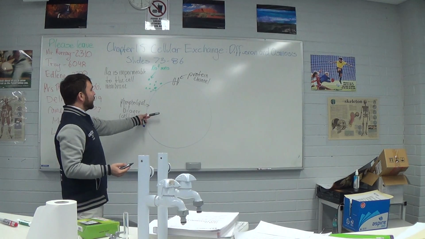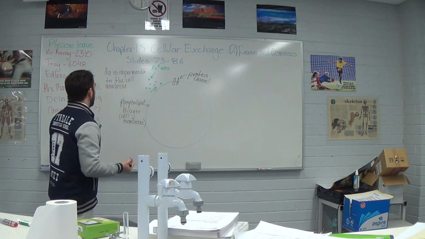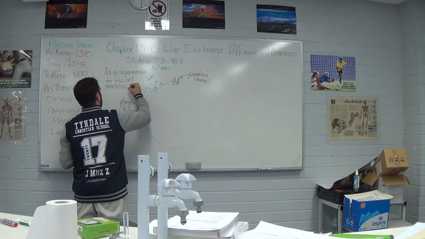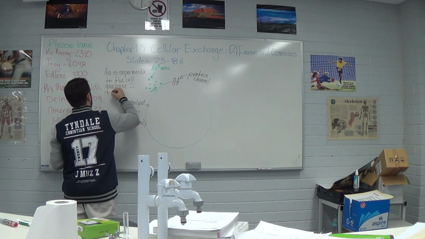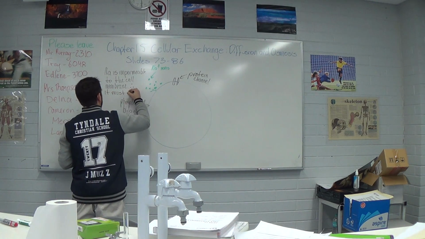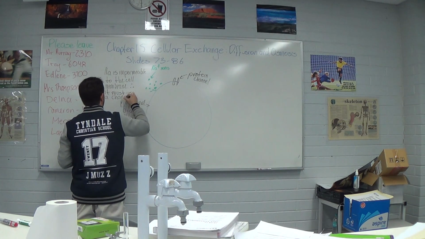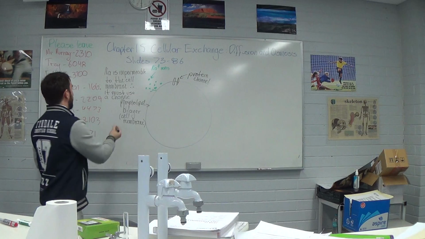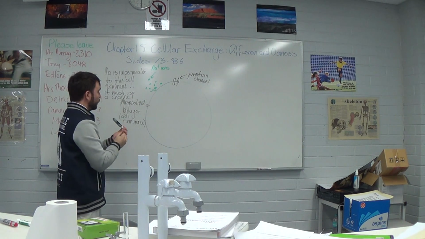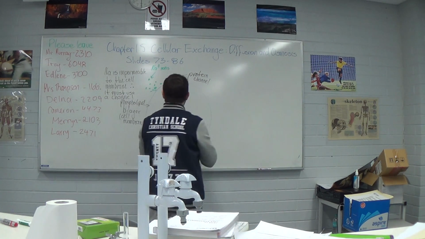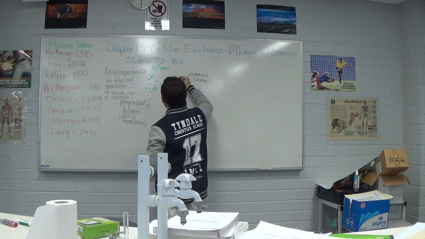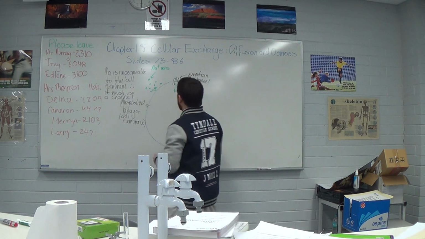But the cell needs it, so it has a protein channel. Therefore, it must use a channel. And here is our channel. So the sodium is then able to cross into the cell.